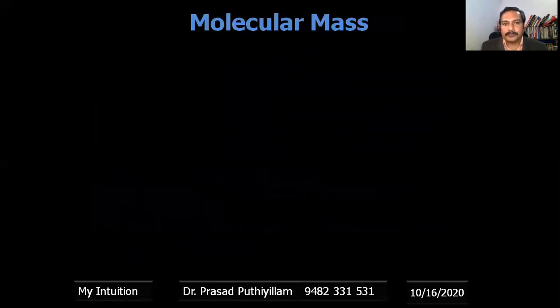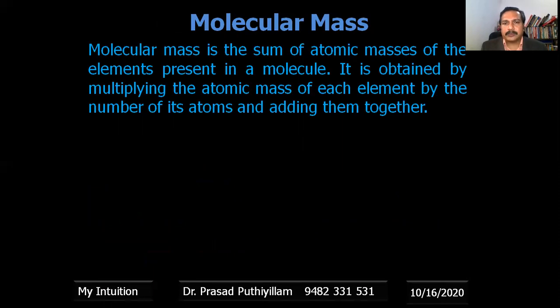Now molecular mass. Molecular mass is the sum of atomic masses of the elements present in the molecule, and we calculate it by adding, and the number of atoms present also we need to consider. Therefore, it is obtained by multiplying the atomic mass of each element by the number of atoms and adding them together.